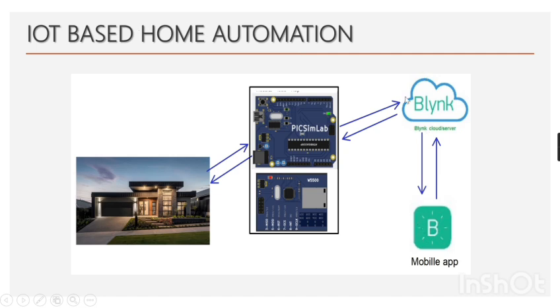By using the Blynk IoT app on a mobile we can control garden lights, inlet and outlet valves of the water system, and the temperature system using PICSimLab simulation.